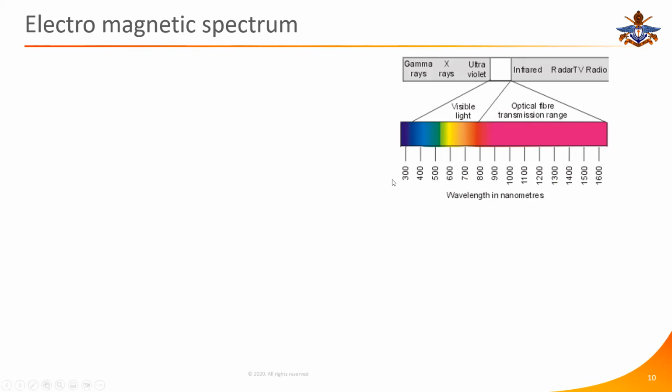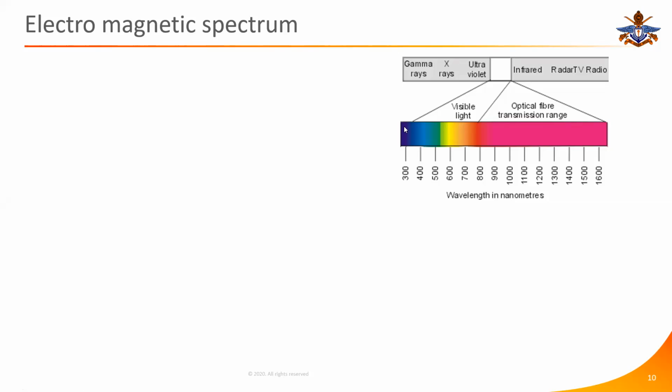Now, the light that comes from your LED light, or the light that your eyes can perceive, is from about 300 nanometers to about 700 or 800 nanometers. We call this the visible light spectrum.